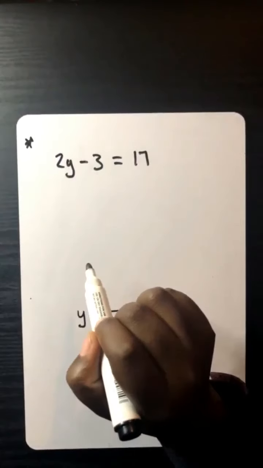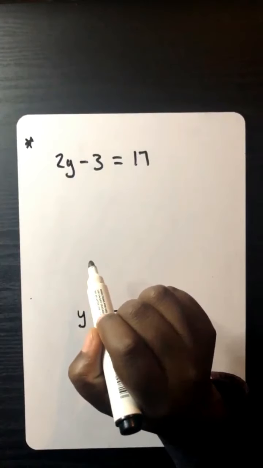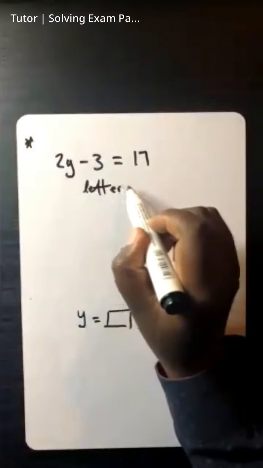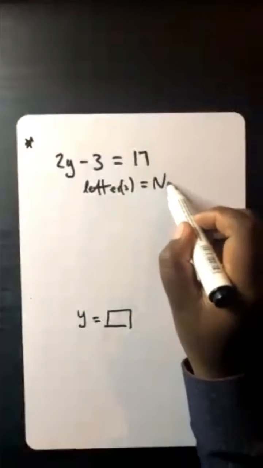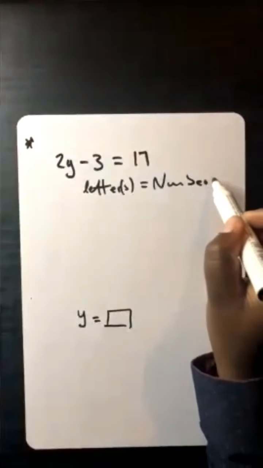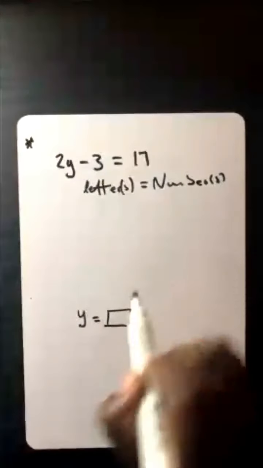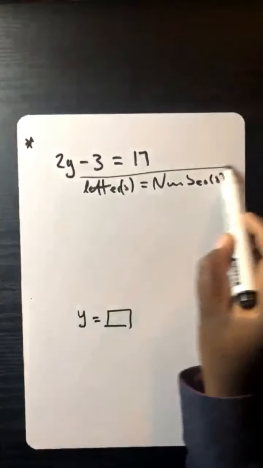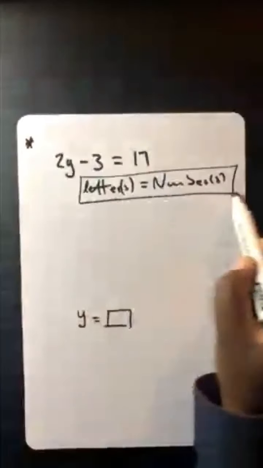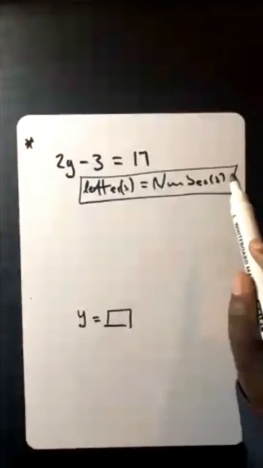So in short, you still follow the same process, guys. You want to have the letters on the left, the letters or the letter, and equate it to a number, or otherwise numbers. By that I mean, in some instances you might find that you need to find two values of the unknown.